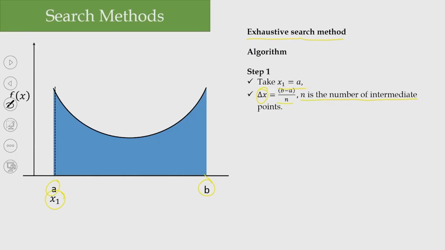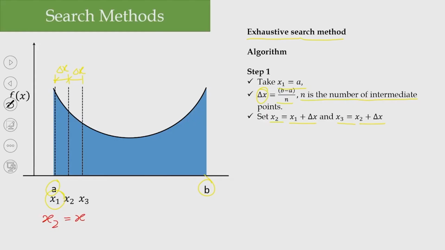Once you have your step length, take another 2 points, x 2 and x 3. So x 2 equals x 1 plus delta x, and x 3 equals x 2 plus delta x. This is your delta x, and this is delta x.